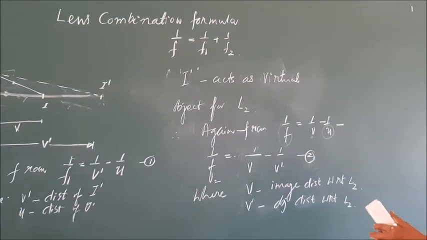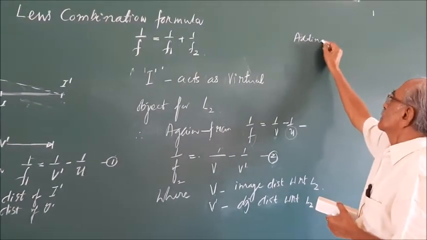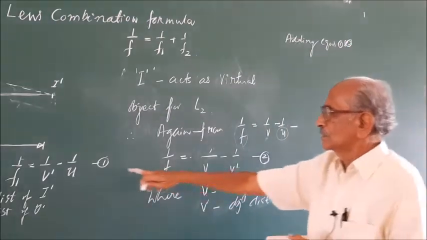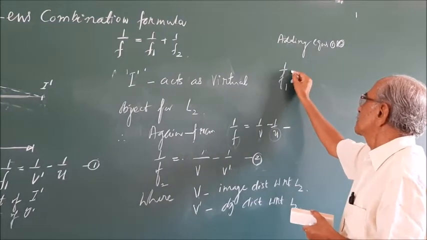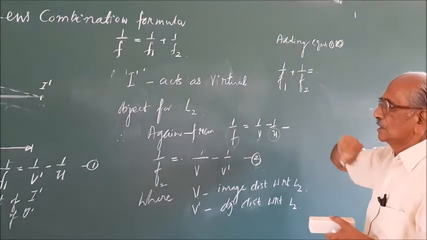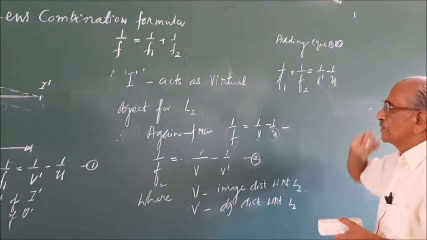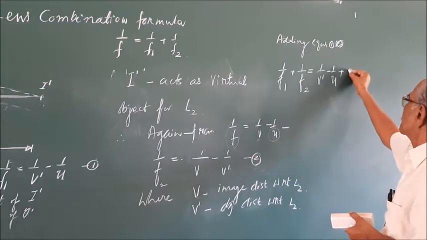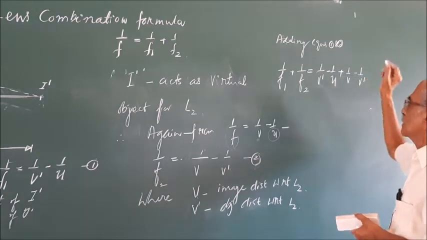Now adding equations 1 and 2, we get 1 over f1 on the left side of equation 1, and 1 over f2 on the left side of equation 2, equal to 1 over v dash minus 1 over u of the first equation, added to 1 over v minus 1 over v dash.